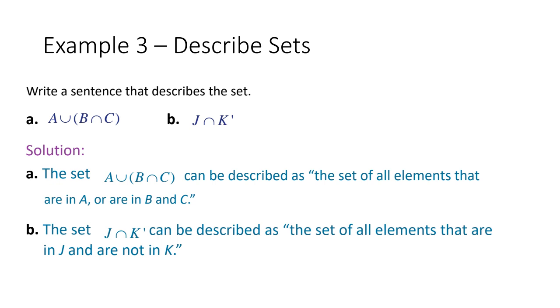Notice also that parentheses is separated with a comma. So the fact that we have elements in A, comma, indicates that there's a parenthesis to the right.